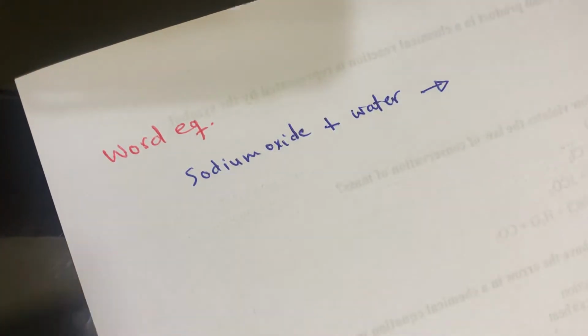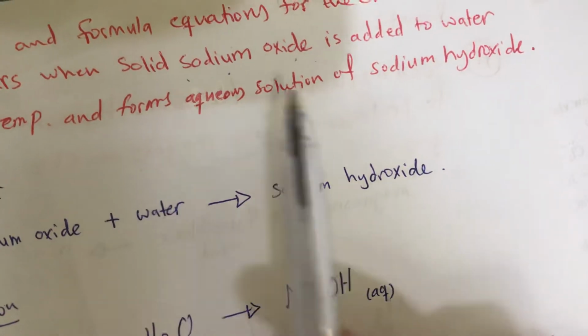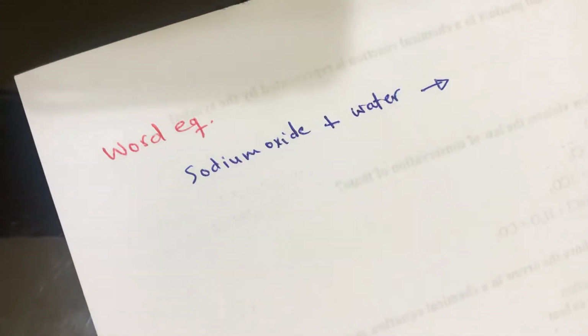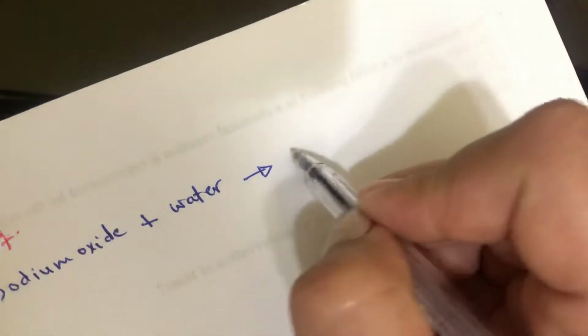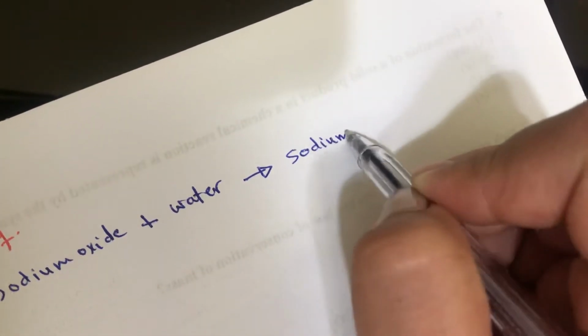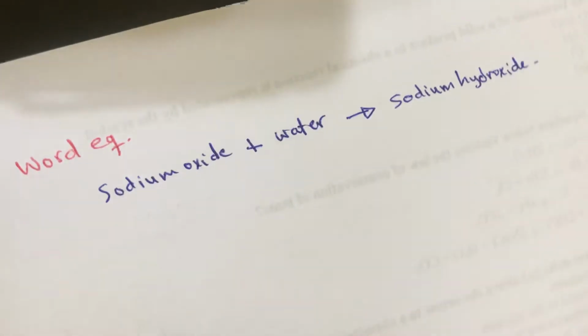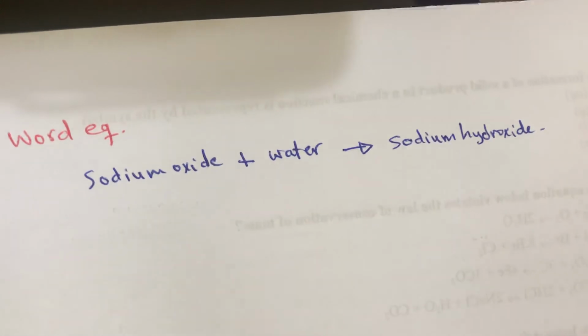So what are the products in the question here? And forms aqueous solution of sodium hydroxide. So here, sodium hydroxide. This is a word equation.